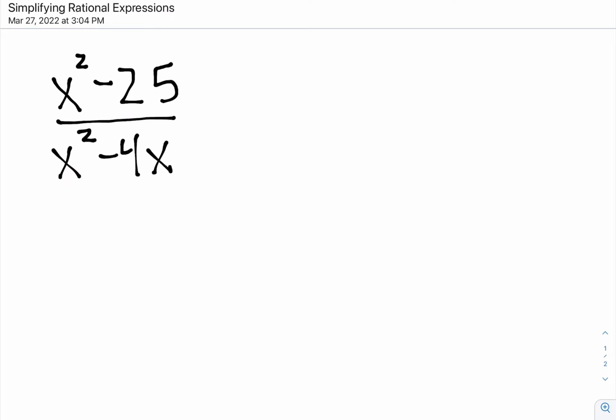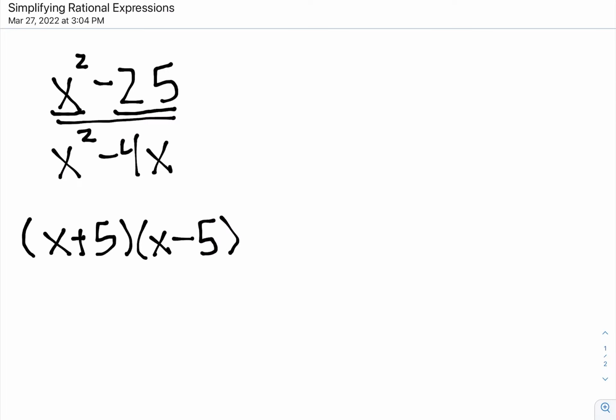How could we simplify this? x squared is a perfect square, 25 is a perfect square, so we can use our difference of squares factoring method to factor the top. So we get x plus 5 times x minus 5, and we're going to divide that by the factored form of the bottom. We can take out an x because they both have an x, and we get x minus 4 here.